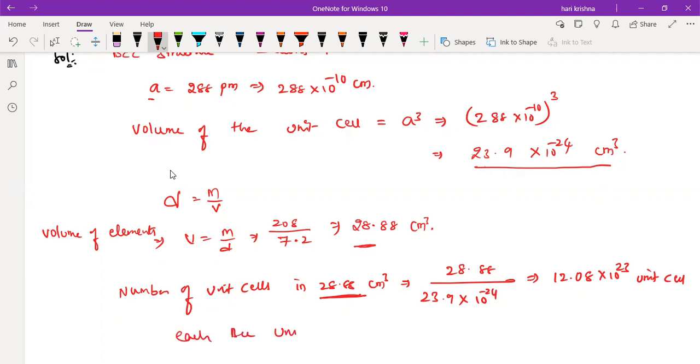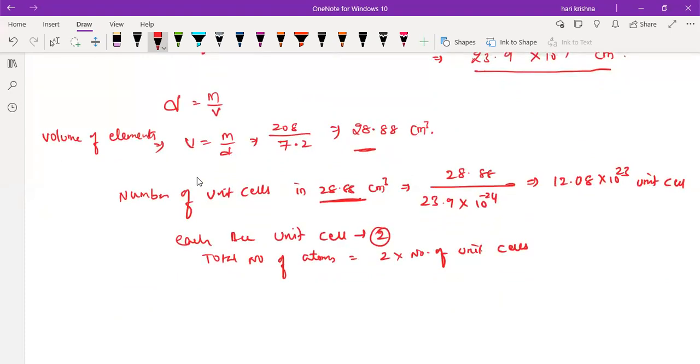The total number of atoms is equal to 2 into the number of unit cells, which is 2 into 12.08 into 10 power 23, approximately 24.16 into 10 power 23 particles.